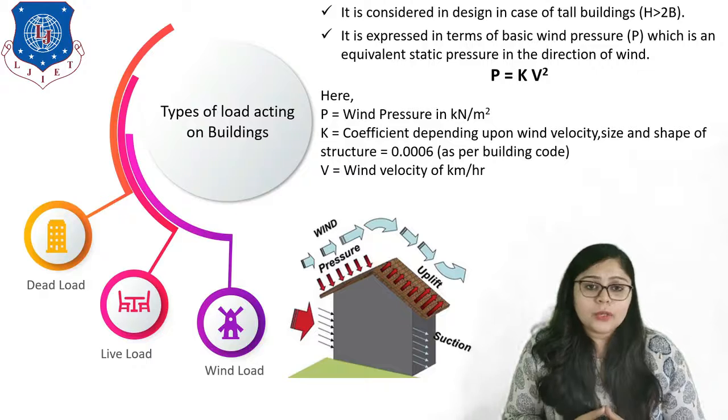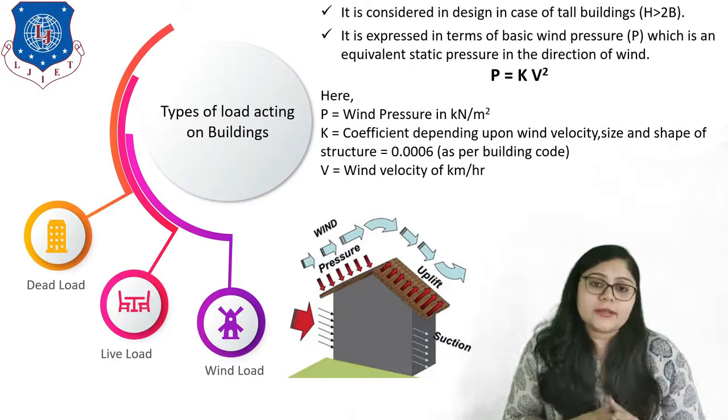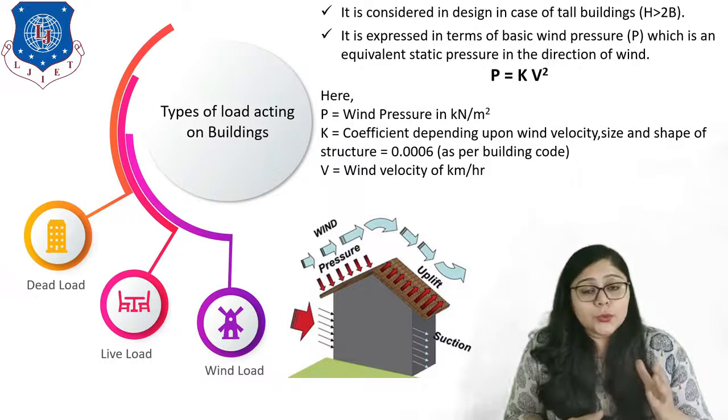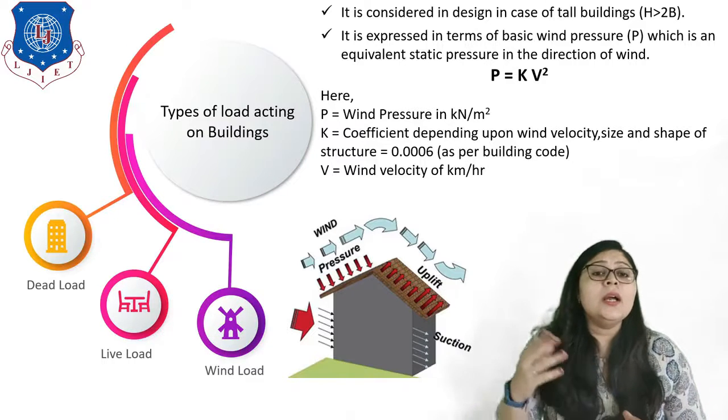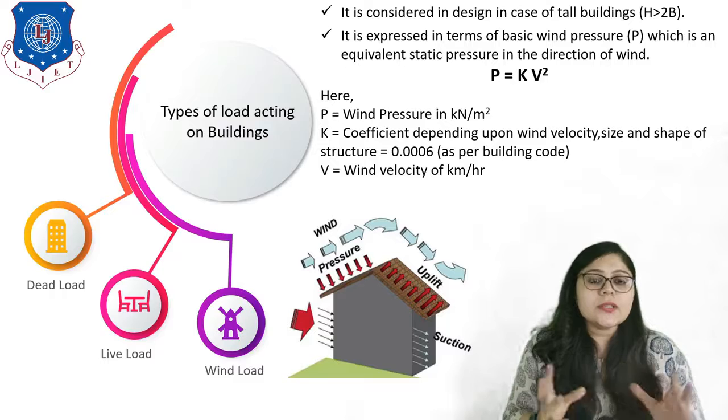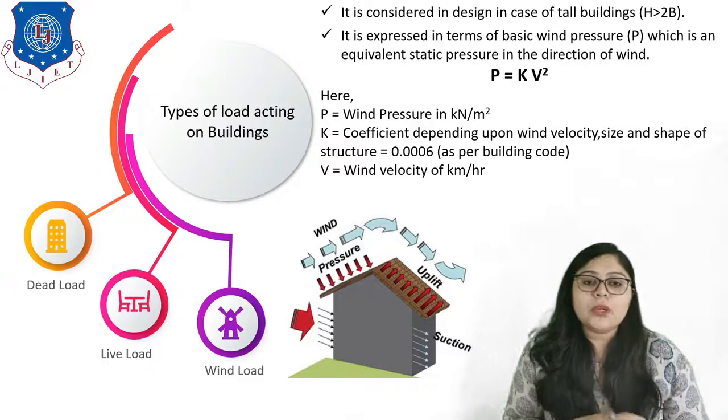As per the building code, it is generally taken as 0.0006, while V is the wind velocity in kilometer per hour. So this is the calculation for wind load.